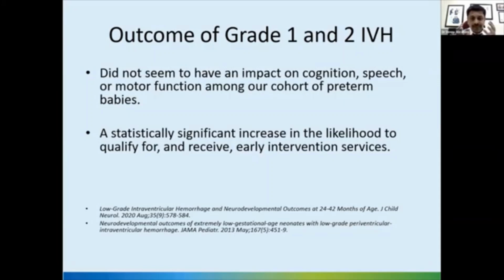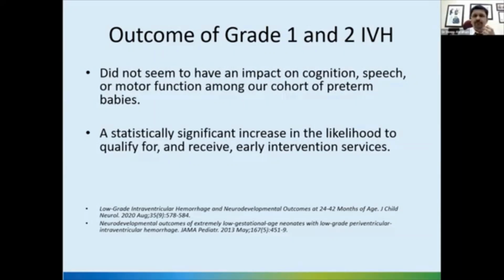So it is an important factor to monitor these babies even with grade 1 and grade 2 bleeds and refer them to early intervention services. That little bit of extra support will help them to achieve normal outcome, so that the bleed in itself doesn't worsen the outcome.